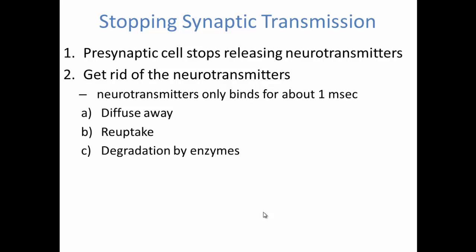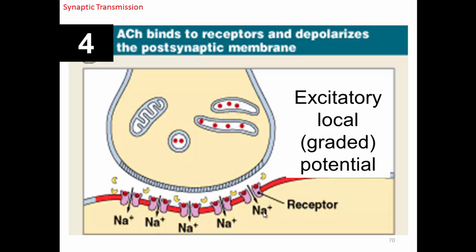And then the presynaptic neuron can actually reuse the neurotransmitter. Also, the neurotransmitter can be degraded by enzymes in the cleft. I didn't really talk about that in this picture, but you can see the little yellow banana-looking things. Those are enzymes that can break down the neurotransmitter. In this case, these particular enzymes are called acetylcholinesterase. They break down acetylcholine into smaller pieces, and those smaller pieces are usually taken back up by the presynaptic neuron.